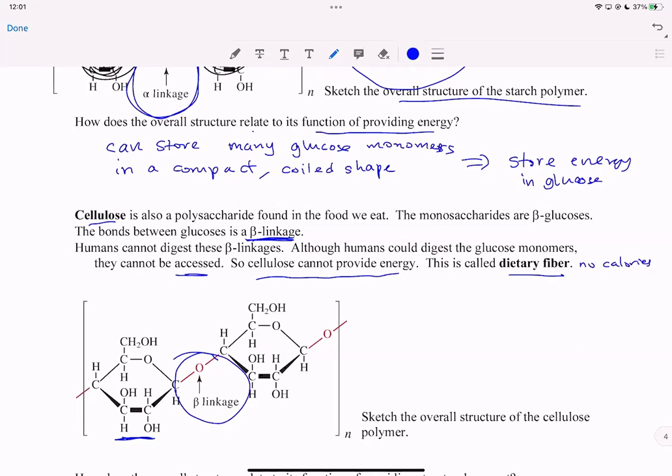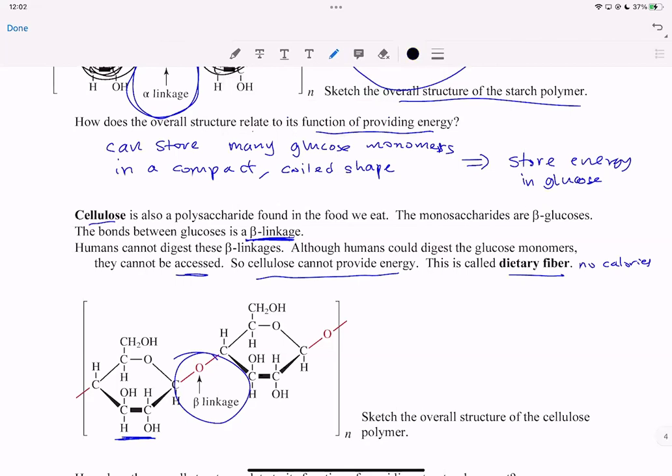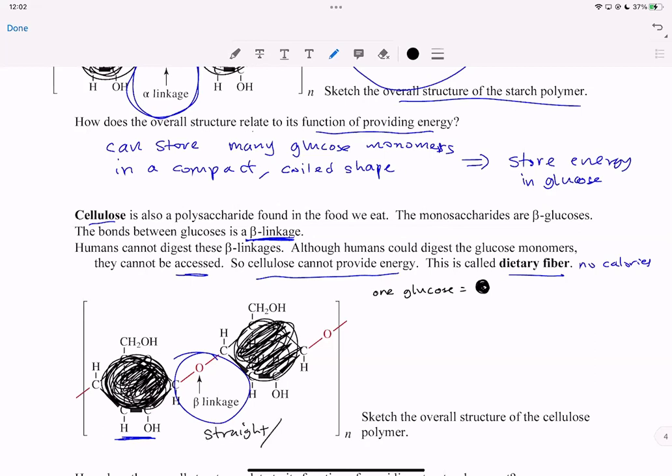Okay, but sketching the overall structure is also important. So again, one glucose molecule I'm going to draw as a black circle. Instead of linking them with the bent shape, the beta linkage is an overall straight shape. It's straight, but it's on the diagonal.